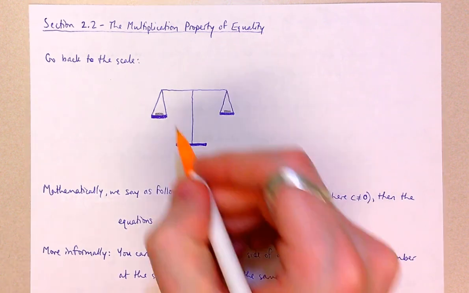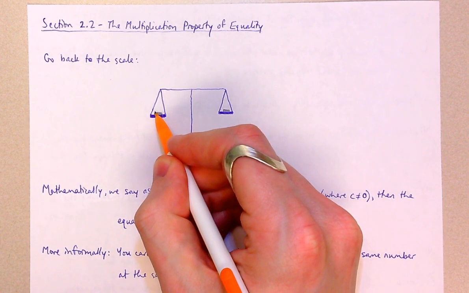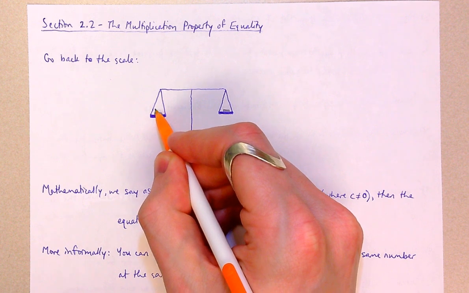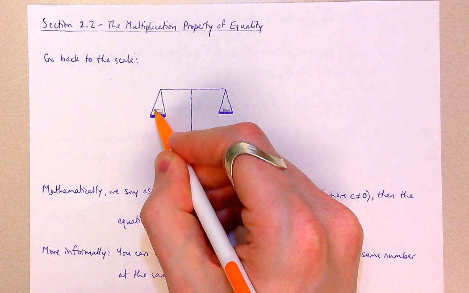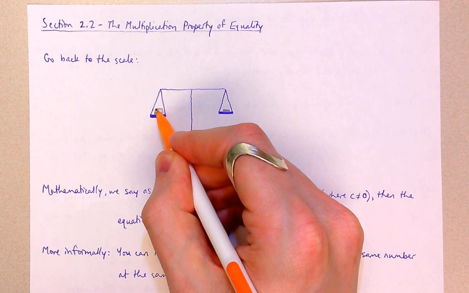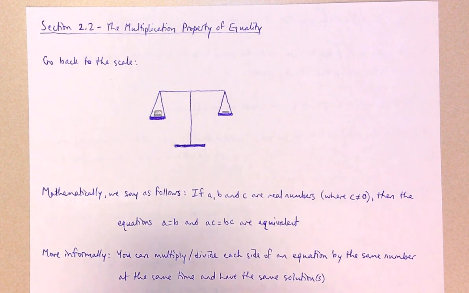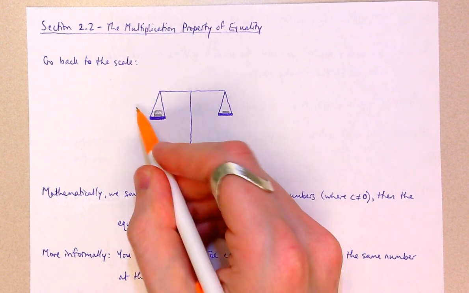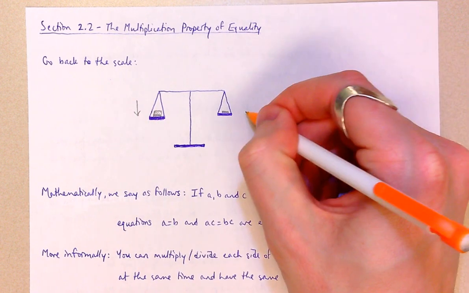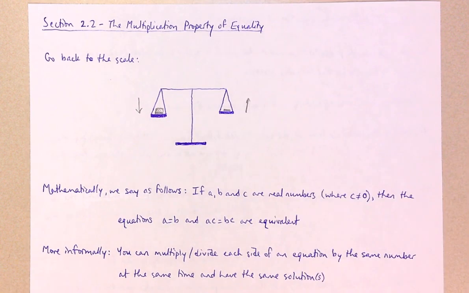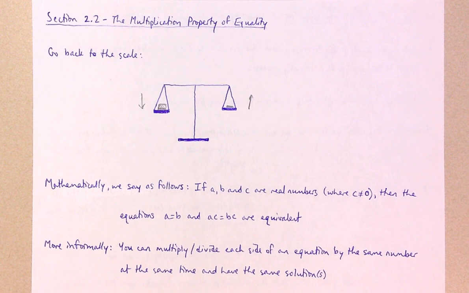So if I take the quantity of weight that I have here and I multiply it by some quantity, then obviously I have more weight on this side. Scale is going to go down, which means that side is going to go up. But again, the whole point is to not have the scales be uneven. We want them to be even.